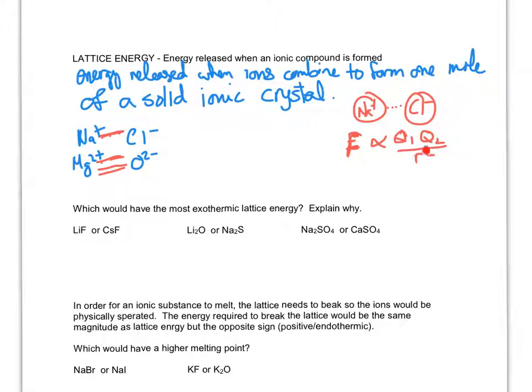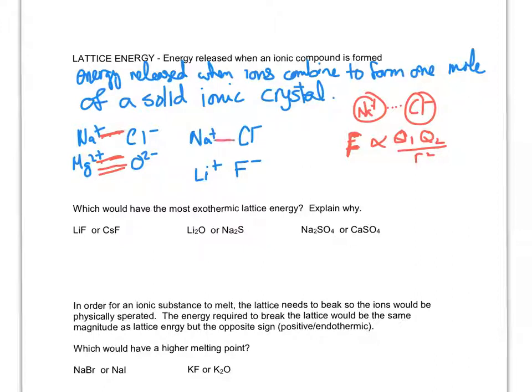the distance between the ions, and the distance between the ions will have to do with the radius of the ions. So let's say you have, for example, NaCl versus Li plus and F minus. So lithium fluoride versus sodium chloride.